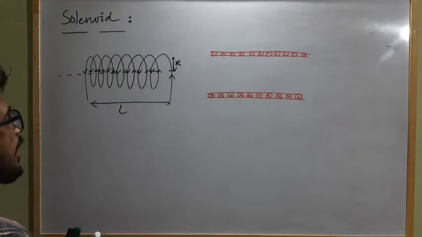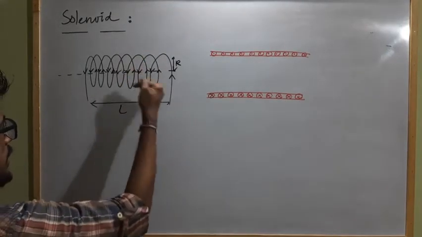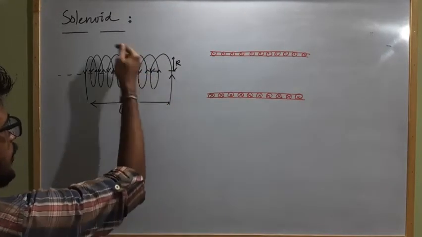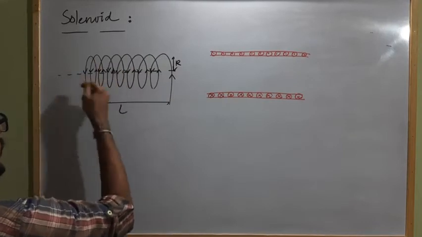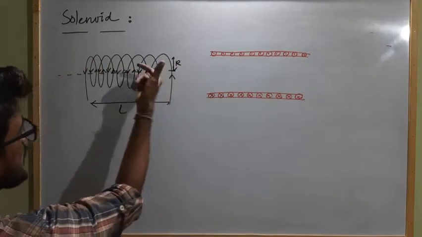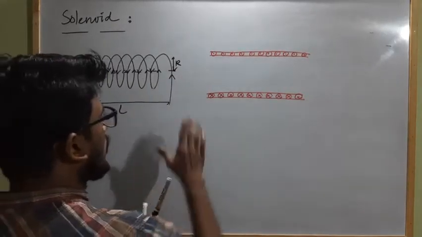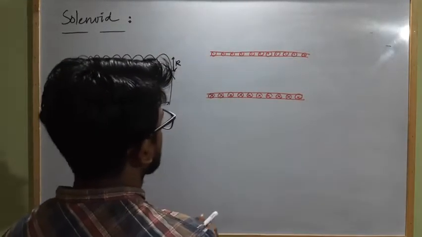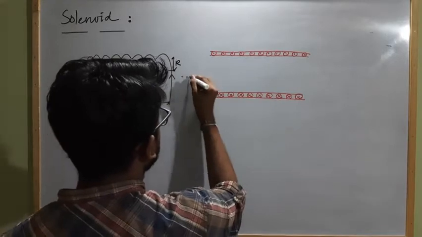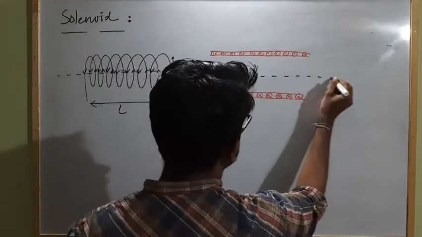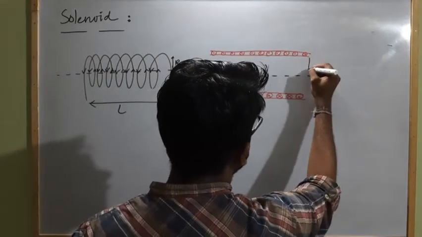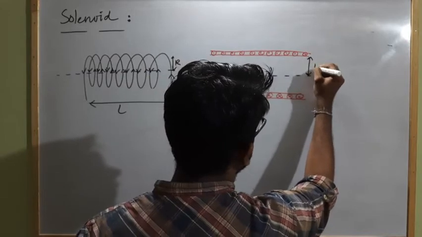Clear? And as the current in each coil, just consider each a single coil carrying current, so the magnetic field strength will be along this direction due to all the coils. Clear? So this is the longitudinal cross section of the solenoid, and here is its axis, and this is the radius R of the solenoid.